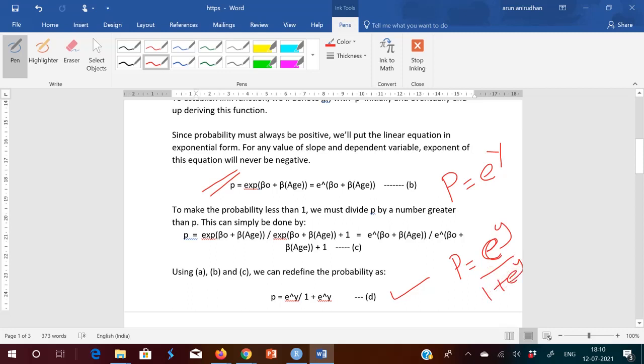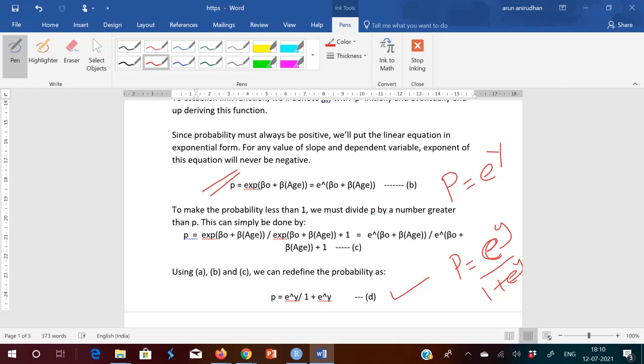That is, exponent of beta 0 plus beta into age divided by exponent of beta 0 plus beta into age plus 1, so that p will be less than 1. Finally it has become p equal to e raised to y by 1 plus e raised to y. This is how you calculate the p.